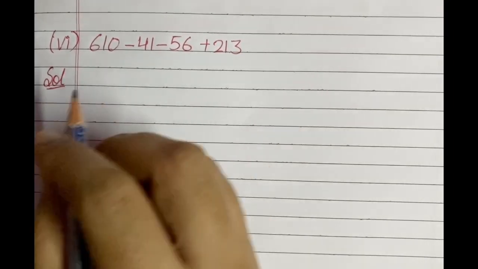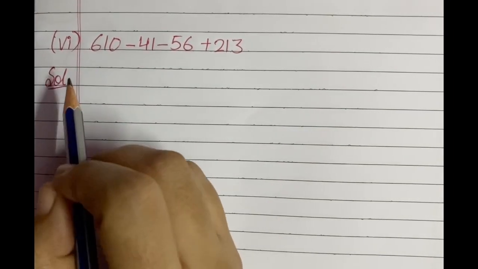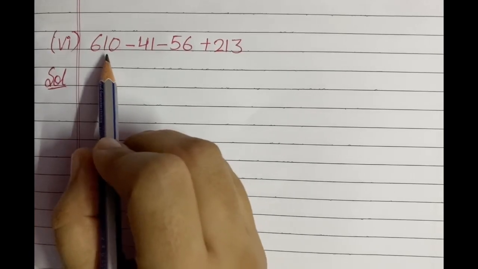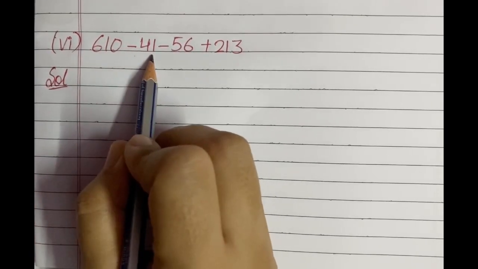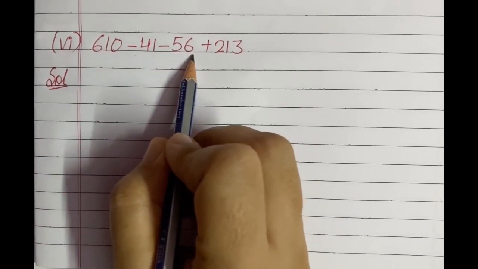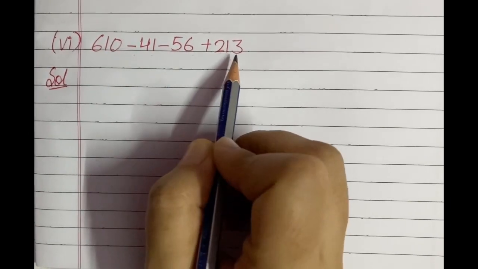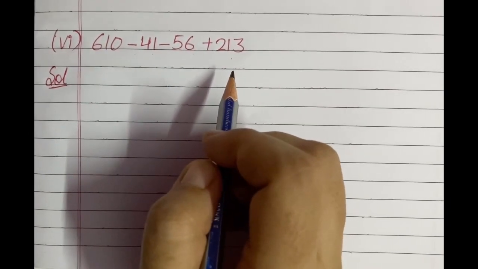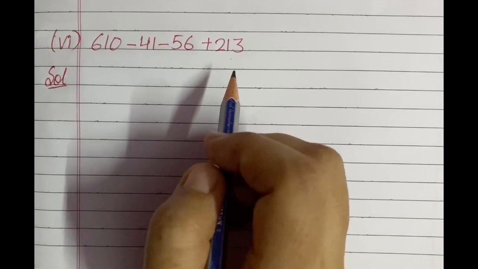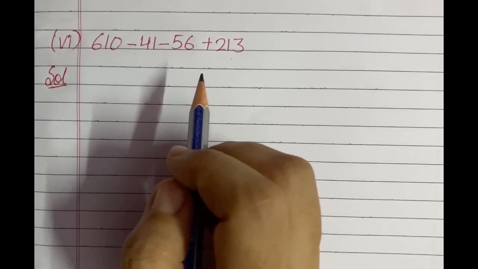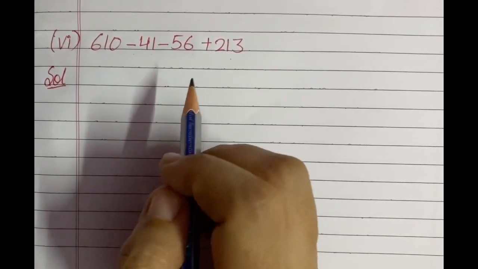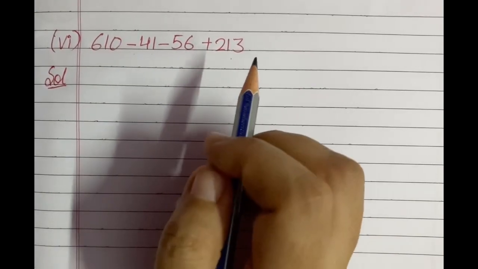Now next I have taken is sixth part, and the sixth part says 610 minus 41 minus 56 plus 213. Now students, here also what we will do? We will group the positive integers together and negative integers together.